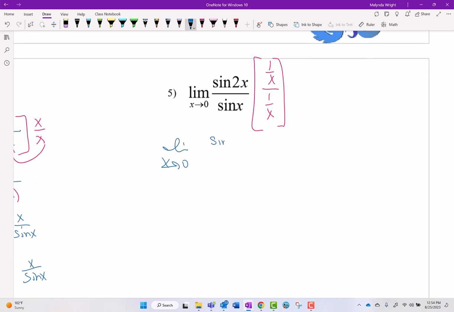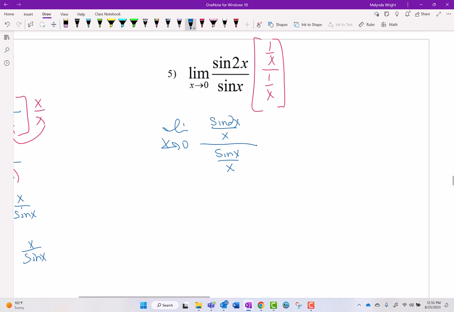So in the numerator, I'm going to have sine 2x over x. In the denominator, I'm going to have sine x over x. Now, I can use my limit laws and just do the limit of the top and the limit of the bottom. Are y'all okay with that? Just make our lives easier.